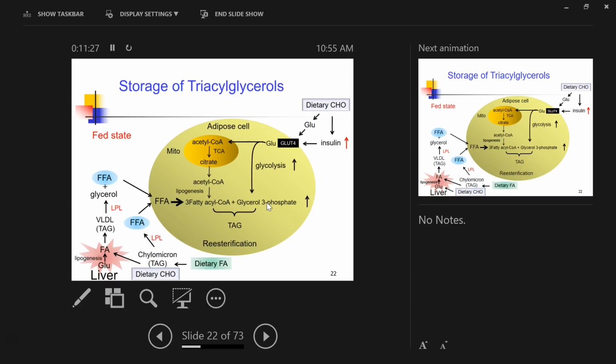A lot of triglyceride is synthesized in adipose tissue from fatty acids, initially taken up from the circulation. The small intestine also has the triglyceride synthesis pathway active, and also the liver. But again, the most active tissue under fed condition for triglyceride synthesis is adipose tissue.